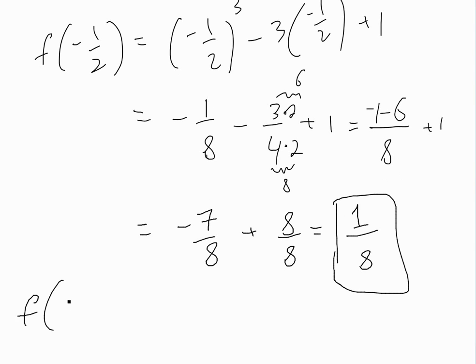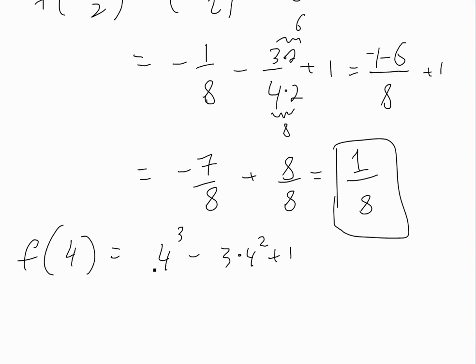Then the second one is f of 4. This equals 4 cubed minus 3 times 4 squared plus 1. 4 times 4 is 16, times 4 is 64. So we have 64 minus 3 times 16, which is 48, plus 1.